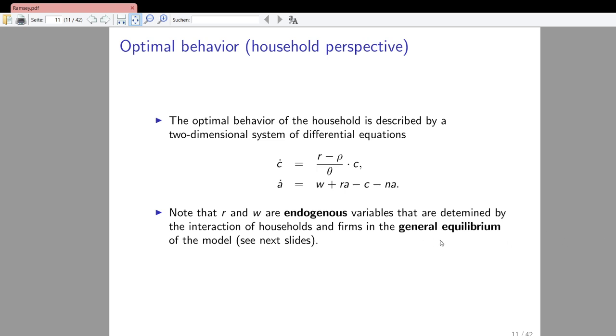So to solve the model for its general equilibrium, we have to substitute out these still endogenous variables such that in the end we only have a system of two equations and two unknowns, namely consumption and assets, that we can then in principle solve for the general solution of the system of differential equations and the particular solution that holds under a certain initial condition and under an endpoint condition, which will be the transversality condition again.